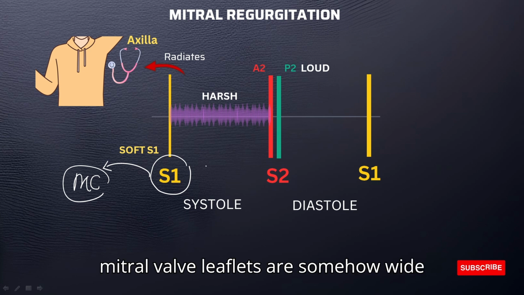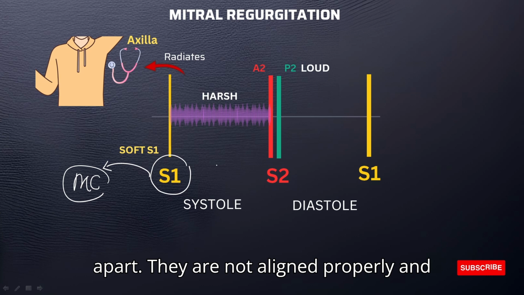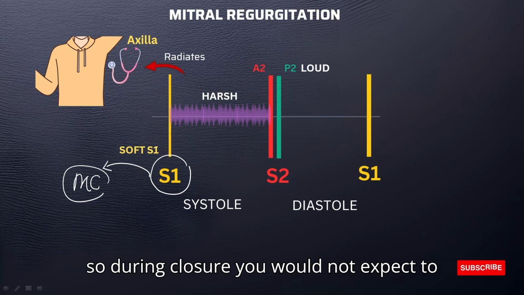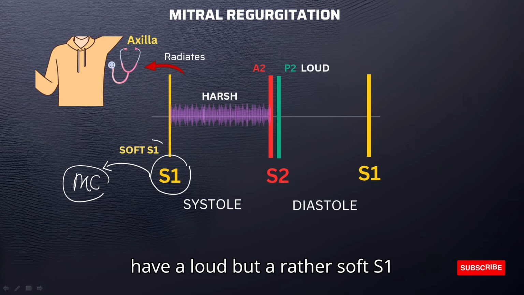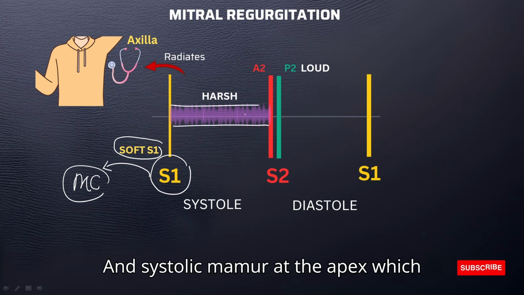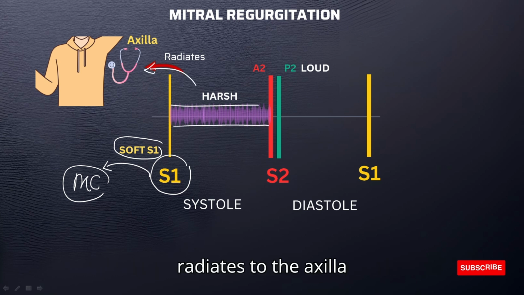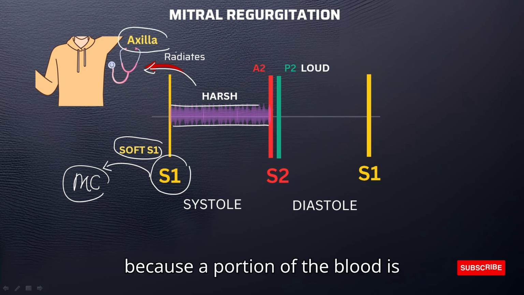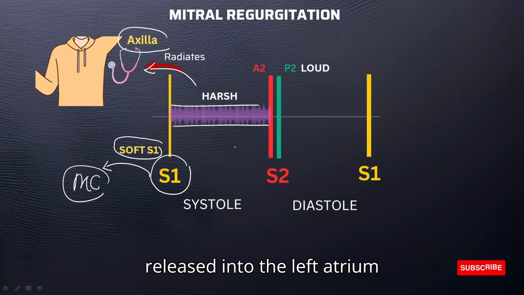The mitral valve leaflets are somehow wide apart. They are not aligned properly. And so during closure, you would not expect to have a loud but a rather soft S1 sound, which is then followed by a harsh pansystolic murmur at the apex, which radiates to the axilla because a portion of the blood is released into the left atrium during systole.